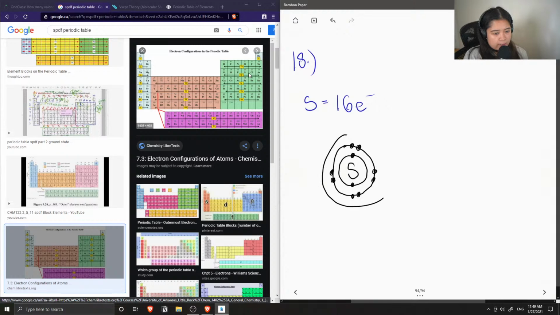So this is 10 electrons now, and we need 16. So then we just draw the remaining 6 in this valence shell. So then we can say that sulfur has 6 valence electrons.